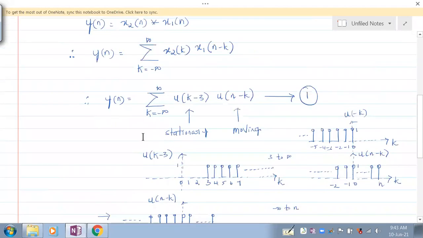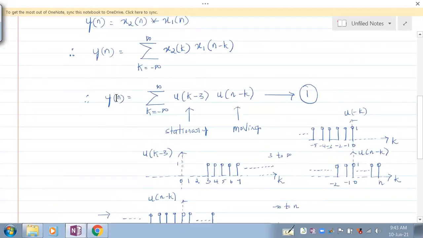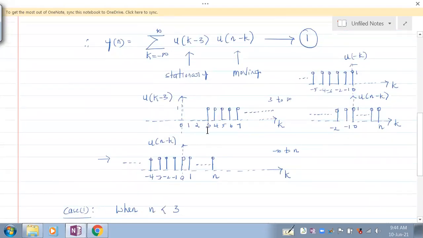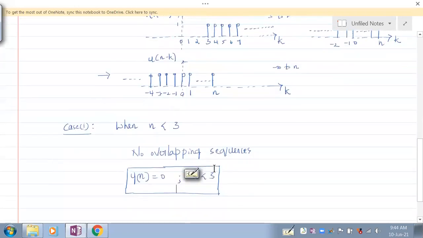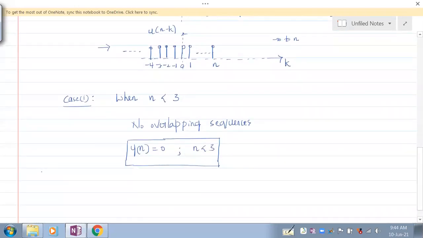So when would this y of n have some value? It will have some value when these two are overlapping, and for these two to overlap, n should be greater than or equal to 3. Now let's say this case 2. Case 2 is when n is greater than or equal to 3.